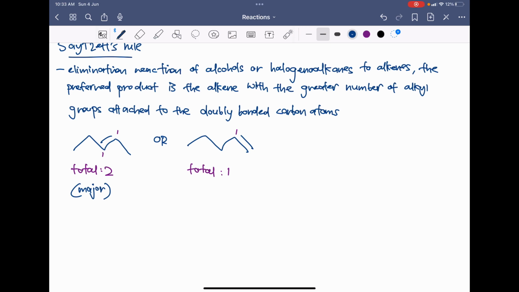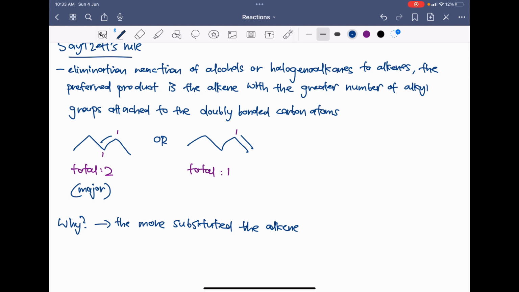So, why is that the case? Because the more substituted the alkene, and when we talk about substitution, in this case, we are talking about the number of electron donating alkyl groups attached to the doubly bonded carbon atom.